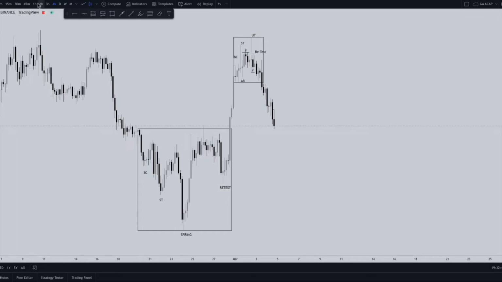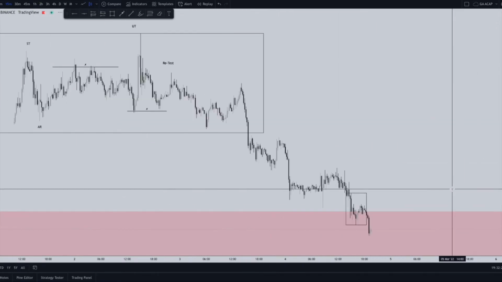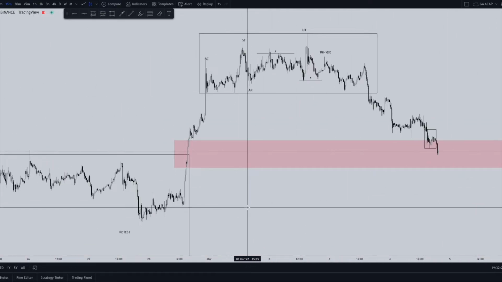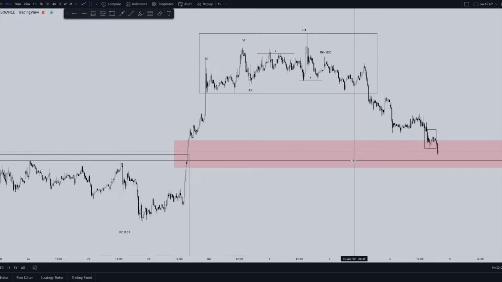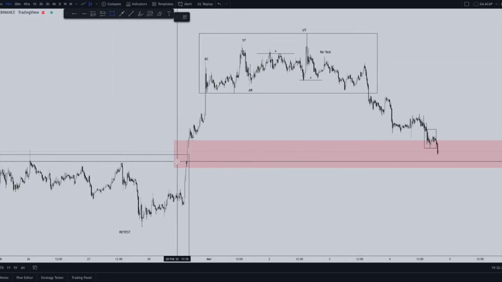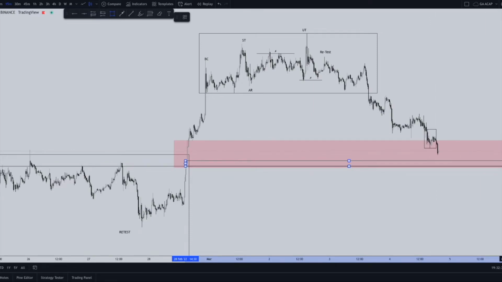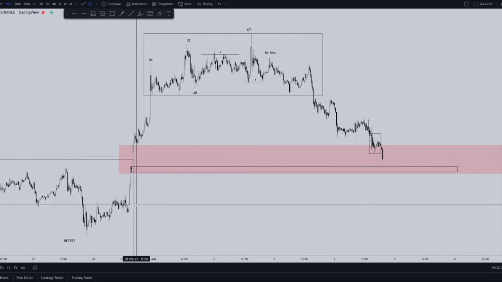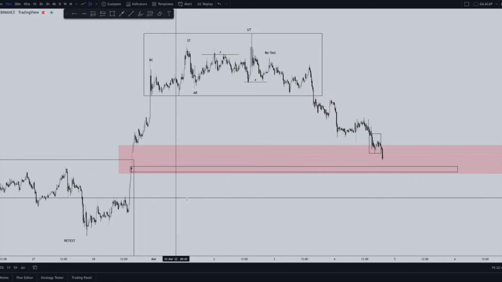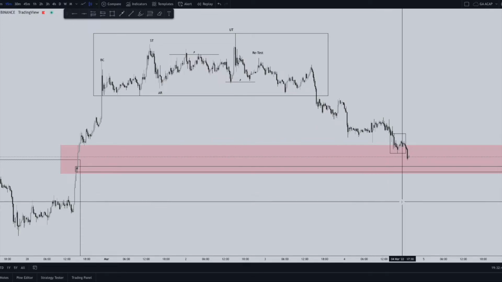Let me go into lower time. Let me keep that demand zone. Let's go into the 5 minutes. So yeah, let's go a bit more lower. If you viewed my previous video, you would have noticed that I had marked out that this bearish candle is very interesting, as pretty much all the other candles have essentially, if you know a bit about order books and stuff, then you would know why I've chosen this.